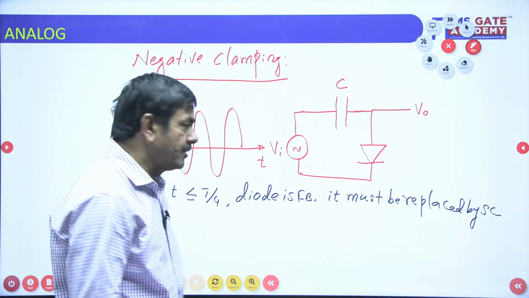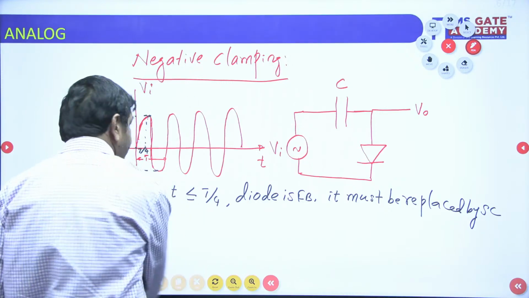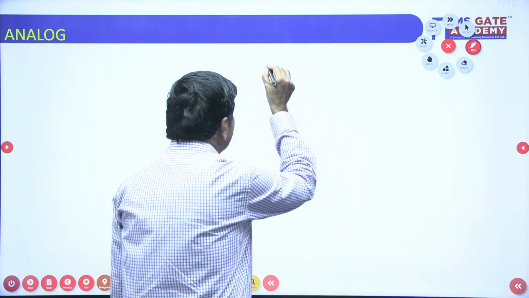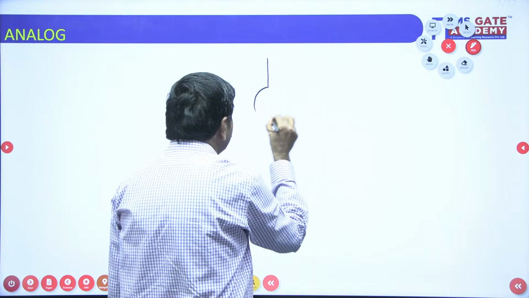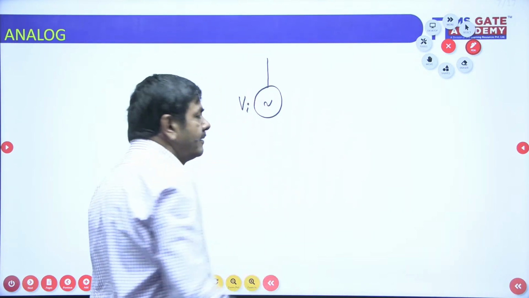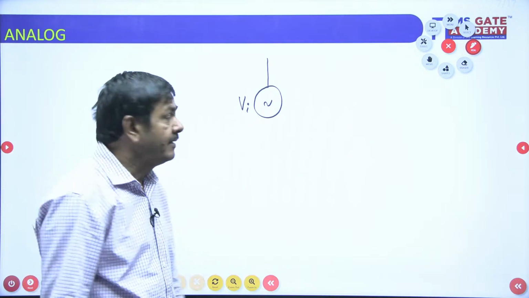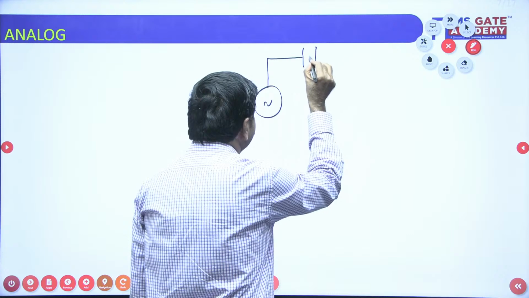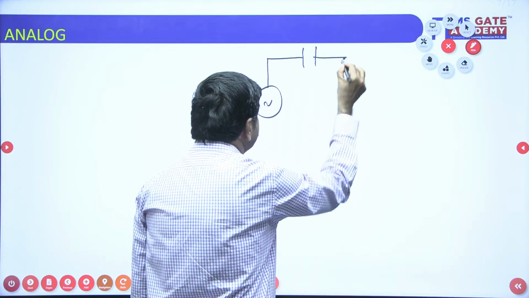I will draw that, you can understand clearly. Here I have taken this circuit like this. There is a source, input source Vi. The capacitor we have here is existing as it is. This diode is shorted here.